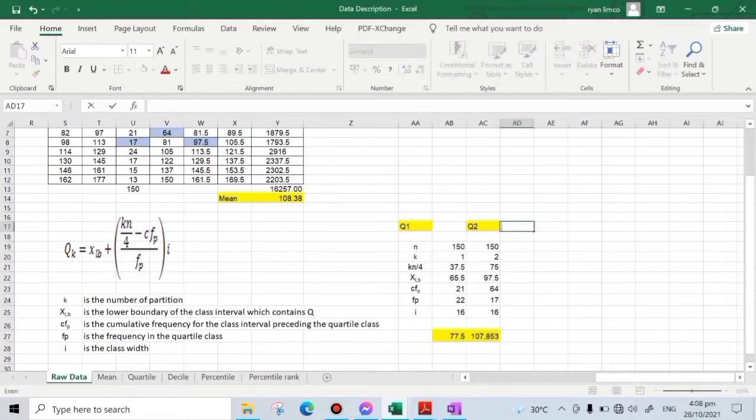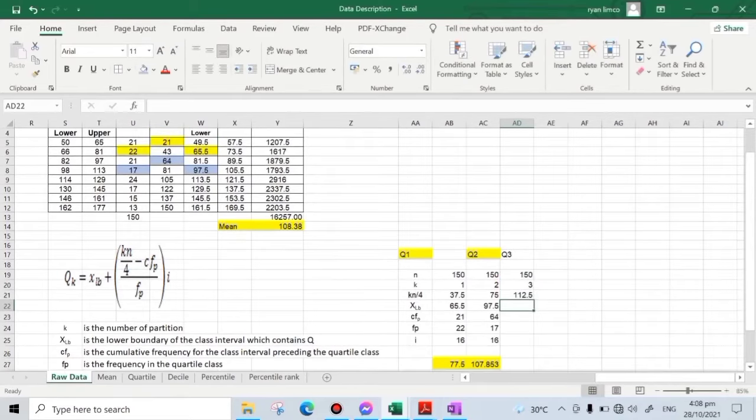It's Q3. So, for the Q3, the same po yung ating N. And nasa third quartile na tayo. The Kn over 4 equals K times N over 4. Yan. 112.5. Ang 112.5 can be found here sa 122.